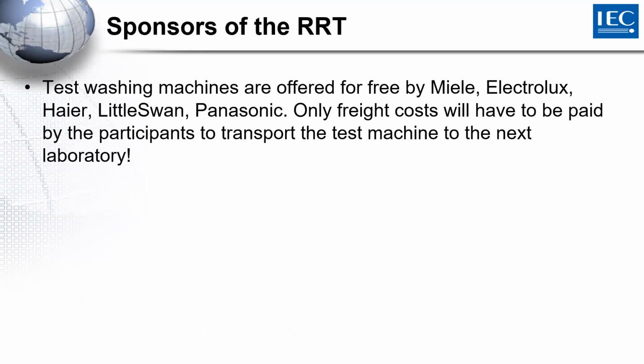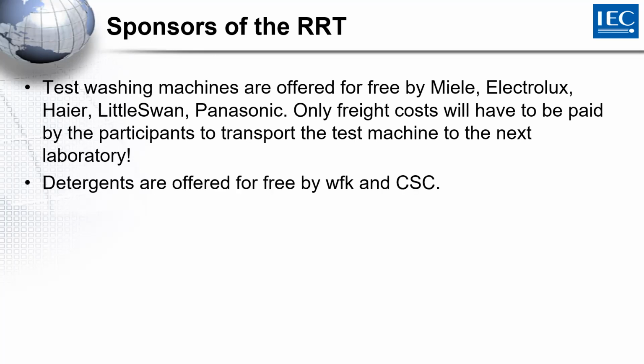They are offering these machines for free. You as a laboratory only have to pay for the transport costs from you to the next laboratory. I think this is very generous because you also get a lot of feedback from this round-robin test.